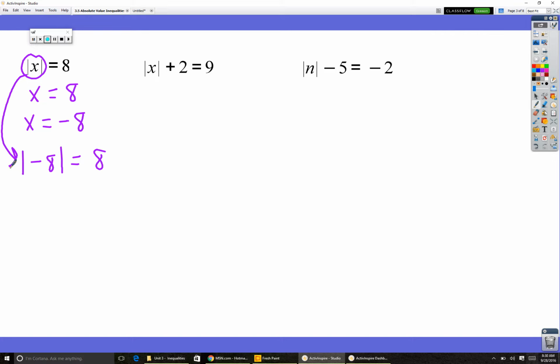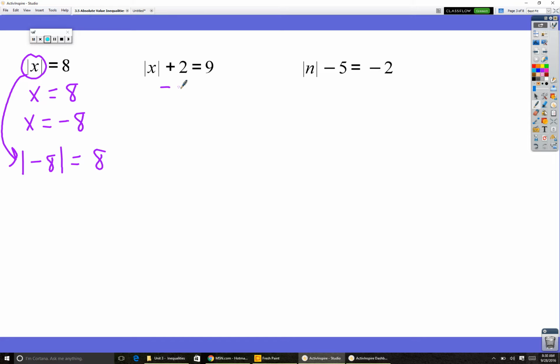Okay, so when we have something like absolute value of x plus 2 equals 9, before we can decide about the positive and negative, we have to solve the equation so that all we're left with is the absolute value on the left. So we're going to solve for x, only x is inside an absolute value sign in this case.